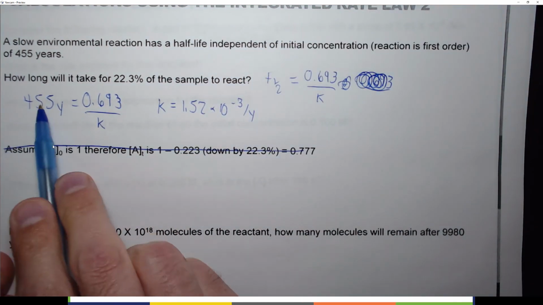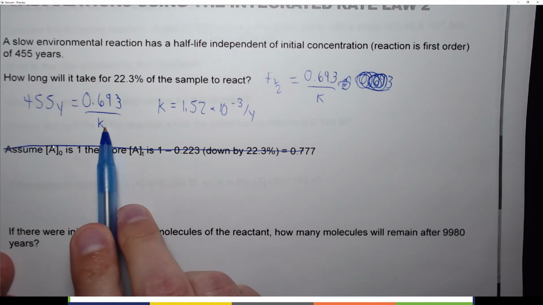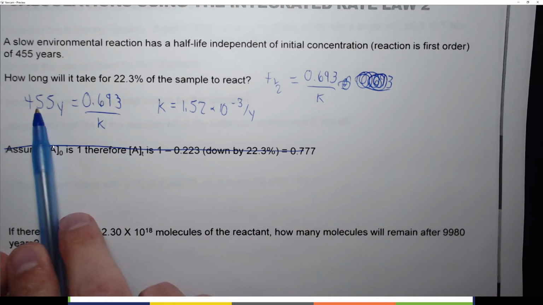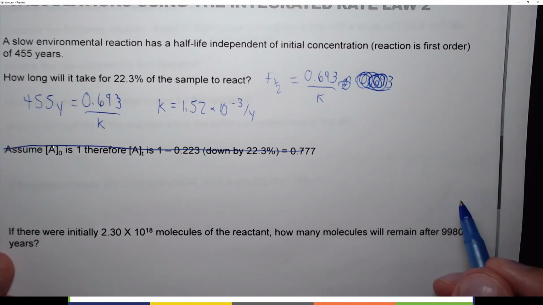I just cross multiplied by K, so I got 455K equals 0.693, then divided by 455, and I found K.